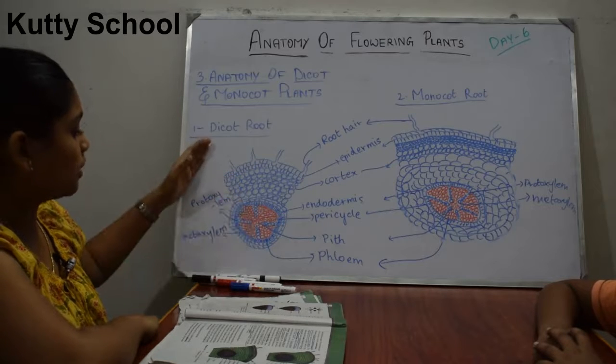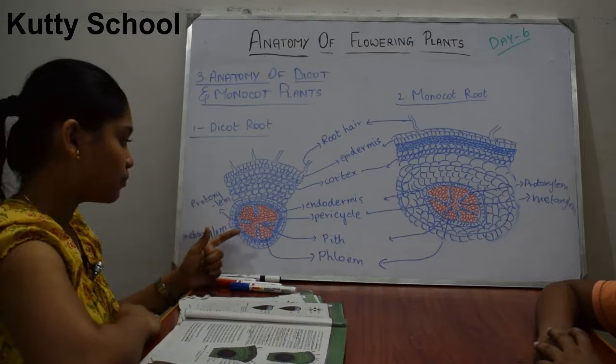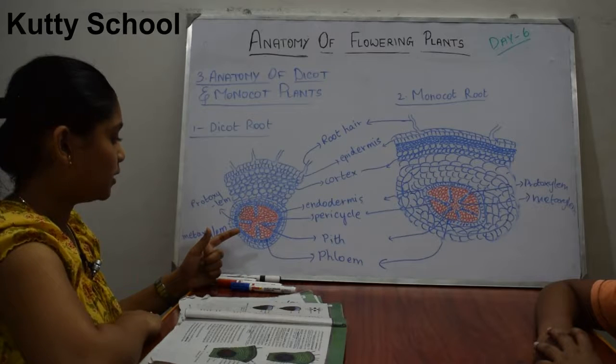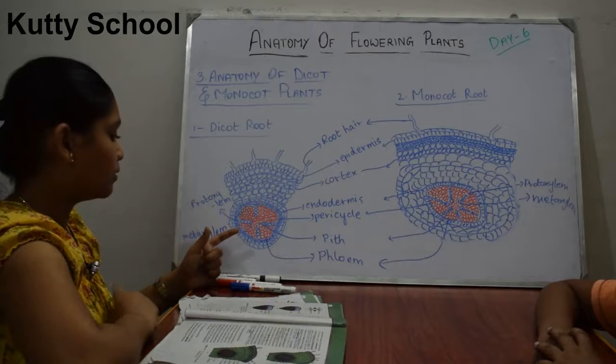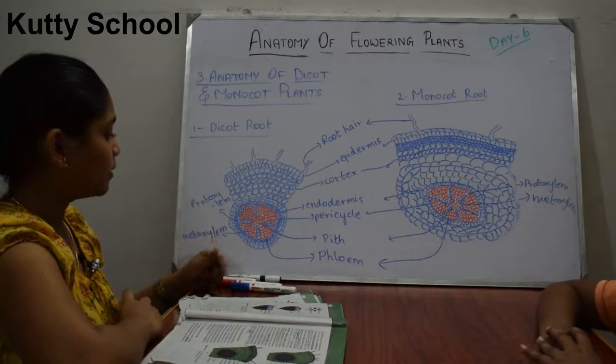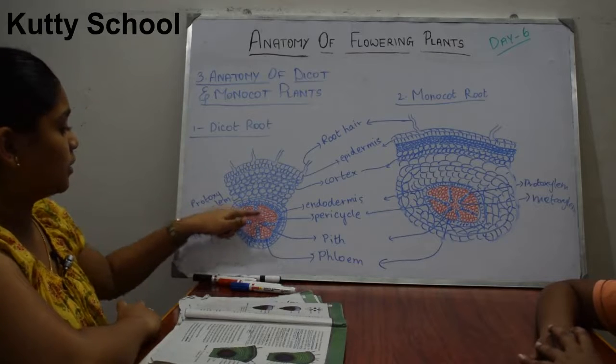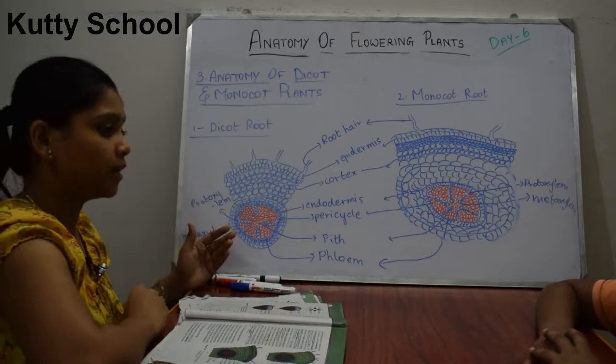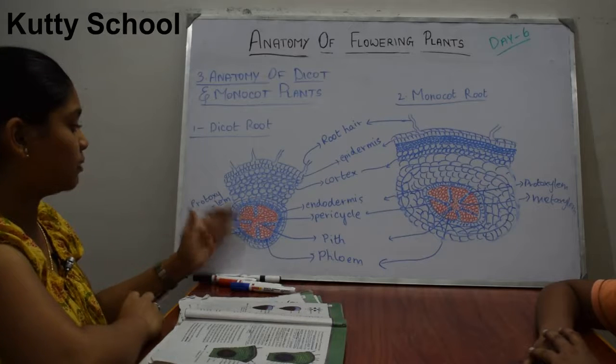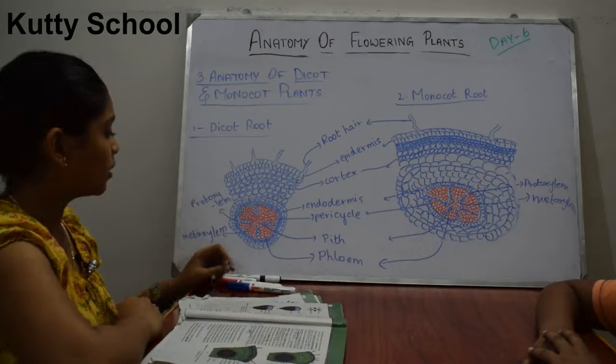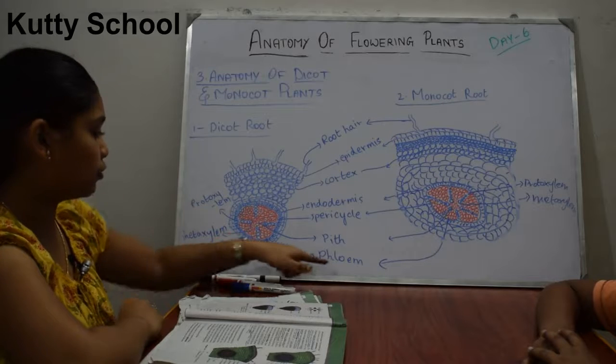In dicot plants the pith is small and inconspicuous, so we cannot see that pith clearly. And then comes the phloem and xylem, which are radially arranged, that is phloem, xylem, like that. These are the cells of phloem.